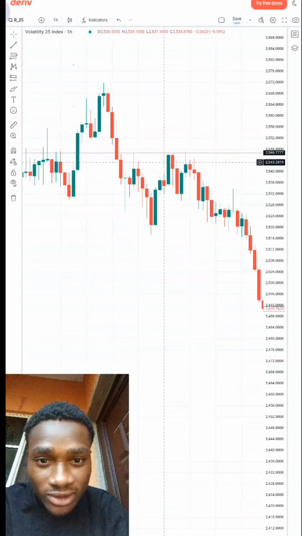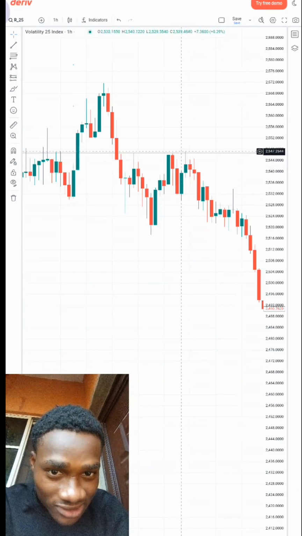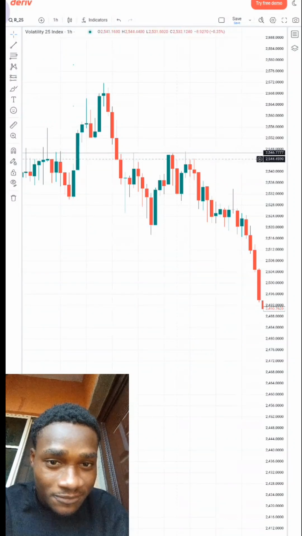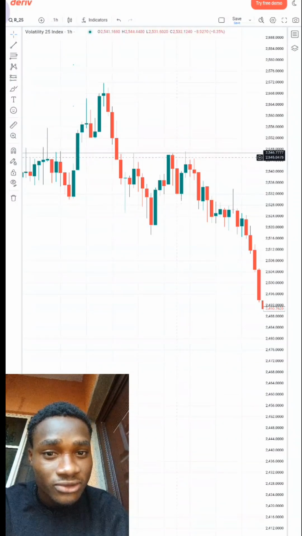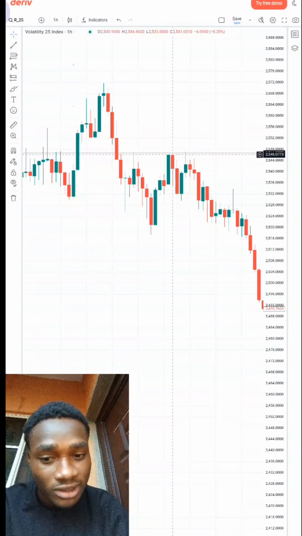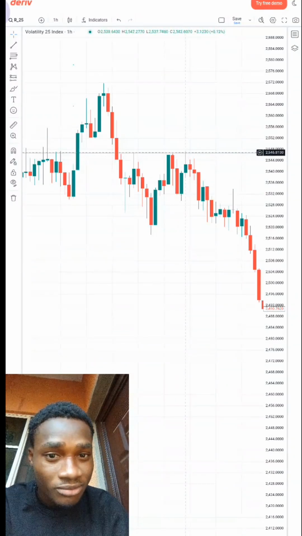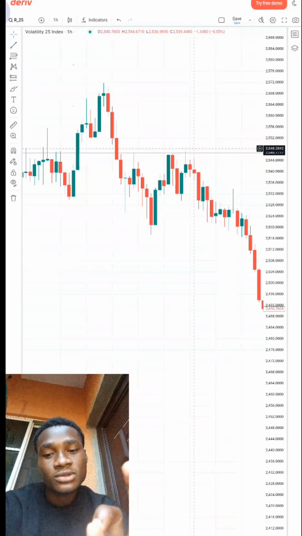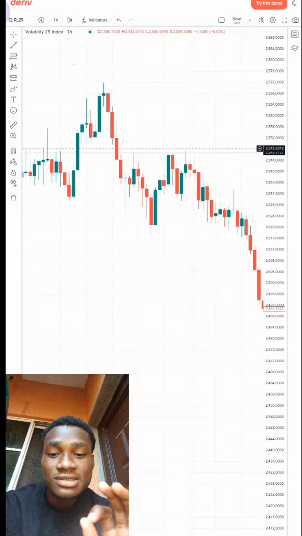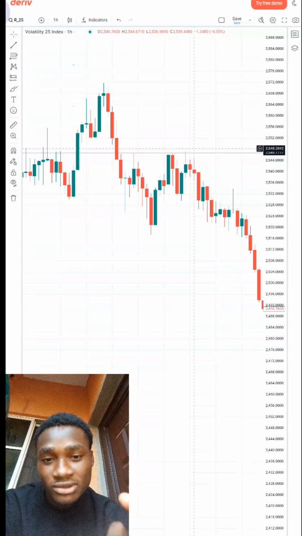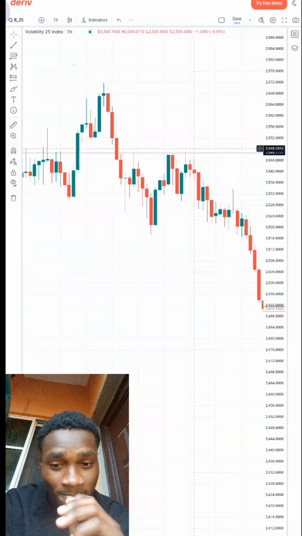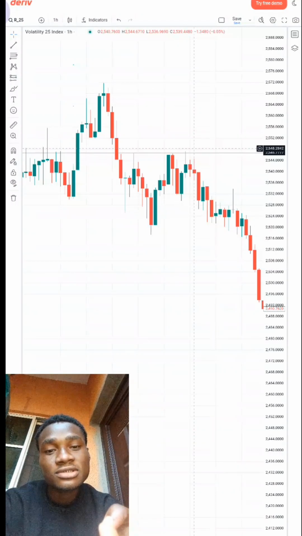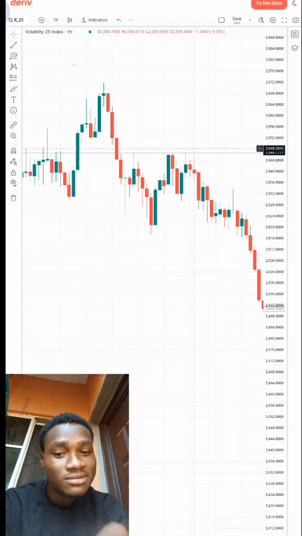But this break of structure, price did not break this structure with a full body candle. Do you understand? It broke it with a wick. This is an indication that a manipulation happened, and this manipulation is price simply coming here to grab sell side liquidity.